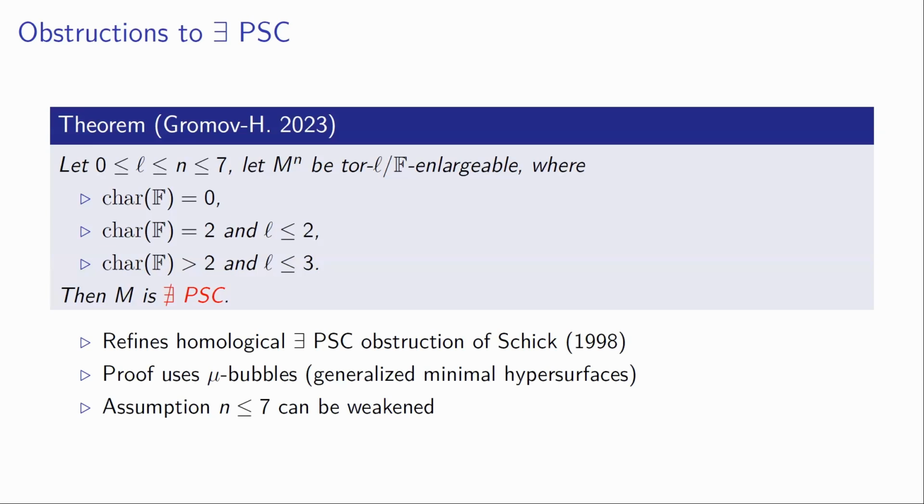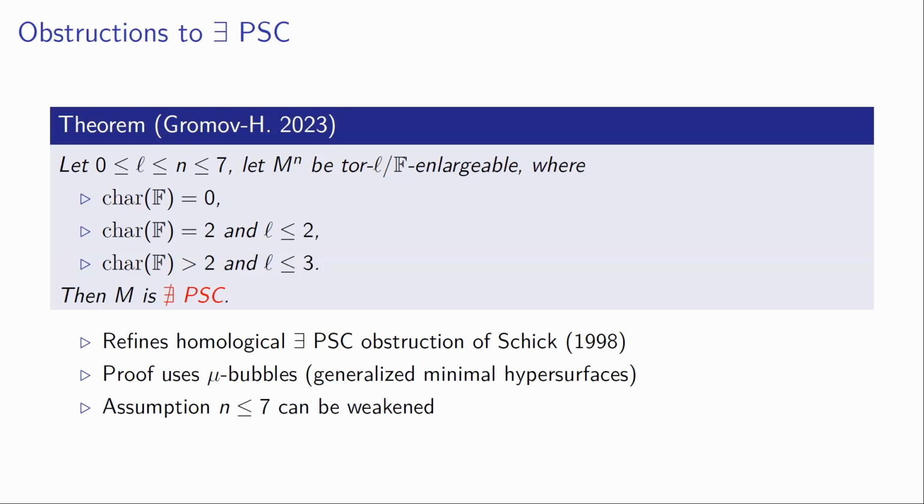And now what you can do, by induction, going down one step at each time, is that in the end you arrive at a manifold of dimension 1, which is S1, and this does not admit a metric of positive scalar curvature, and then you have a contradiction. So this is roughly the way this is proven, and you see already at this point that it's good to have one-dimensional homology classes in order to perform this construction, and therefore the torality property is very helpful here.